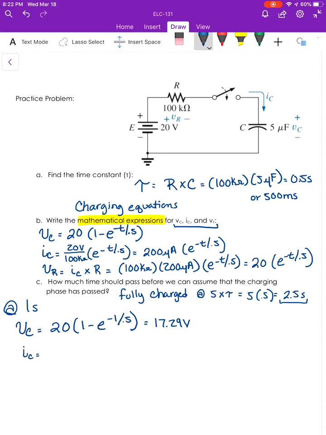And IC is 200 microamps times e to the minus 1 over 0.5. We've dropped very sharply here to about 27.07 microamps.